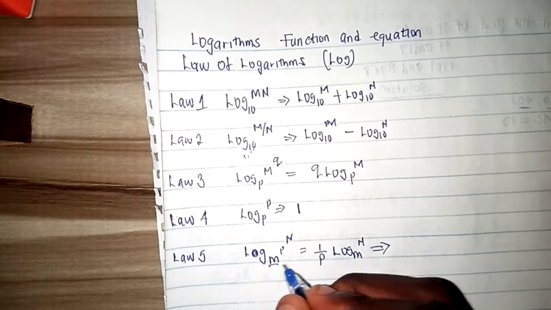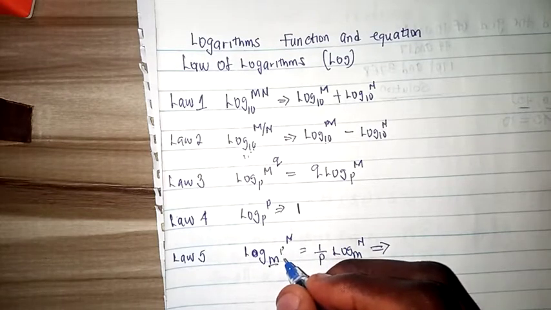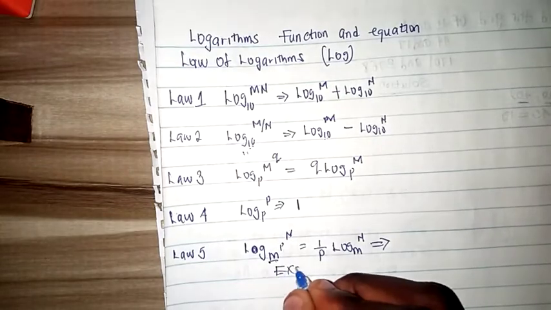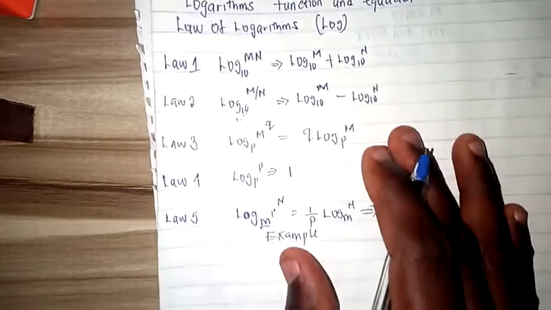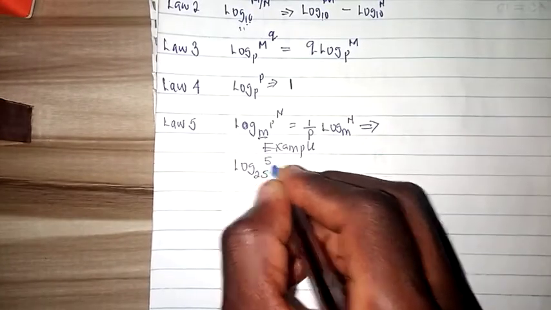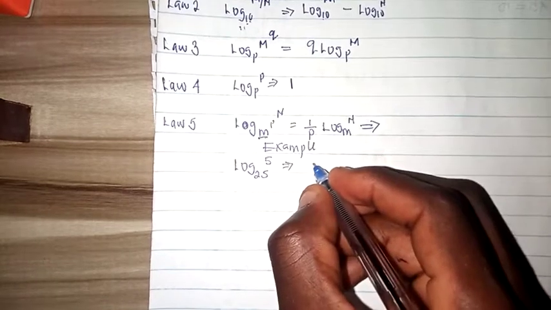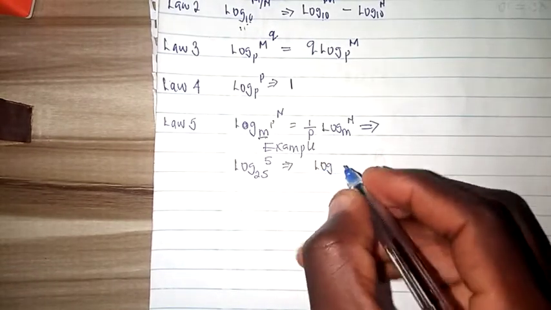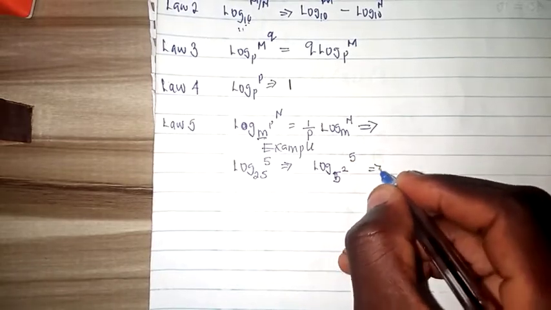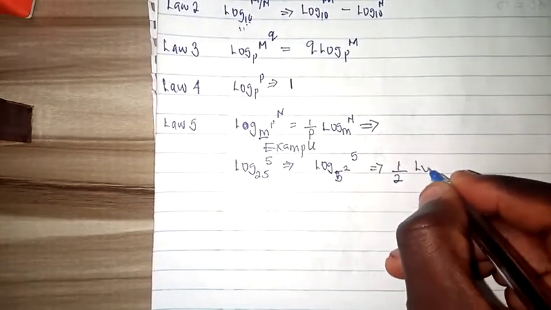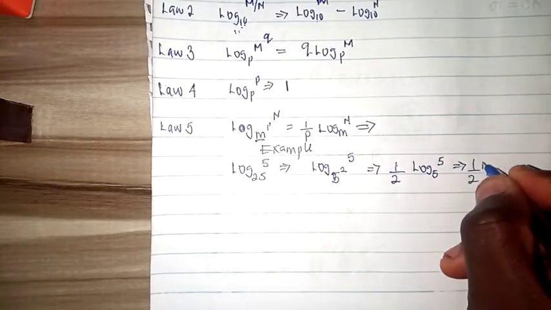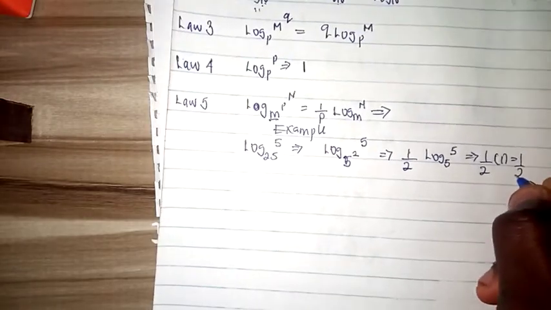When the base has a power, then you can write the log in this form. Example, when you have log 25 base 5, you notice that we can rewrite the base as 5 raised to power 2. Then we have 1 over 2 log 5 base 5. That will be 1 over 2 in bracket of 1, which is 1 over 2.